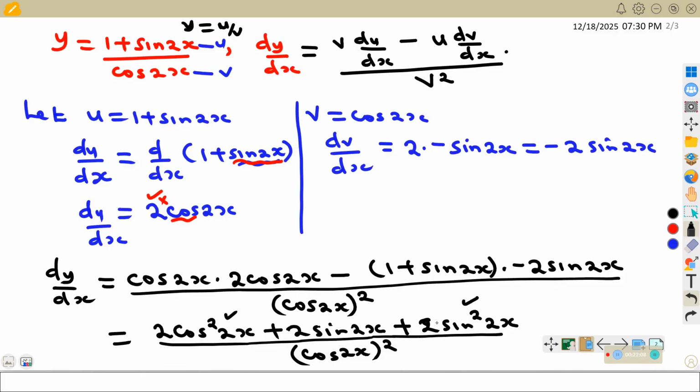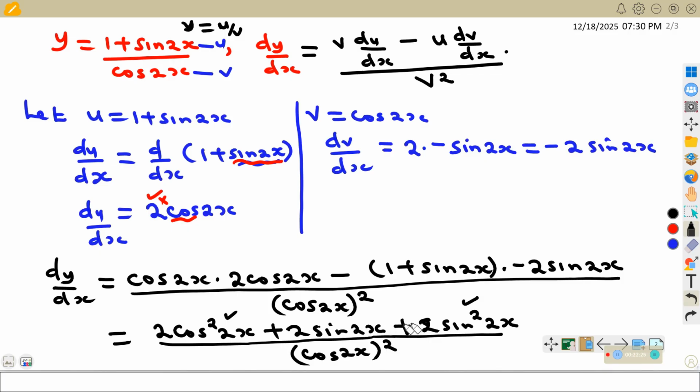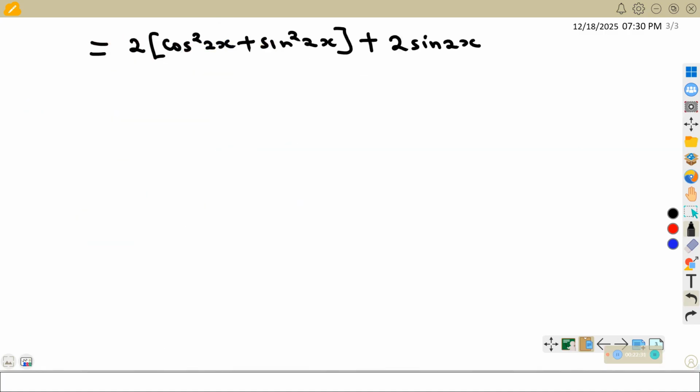The 2 is common, so we put the 2 out. Then here we are having 2 sine 2x. The whole of this, after simplifying, is over cos 2x squared. So this is divided by cos of 2x, which is squared.